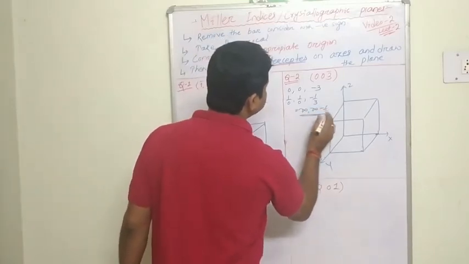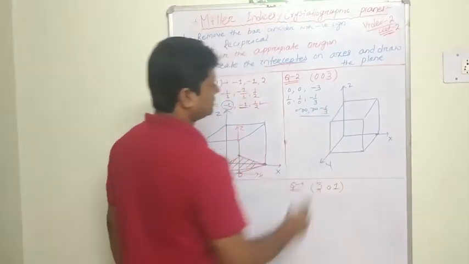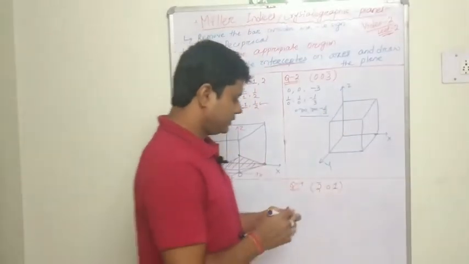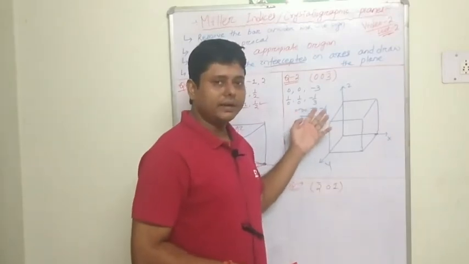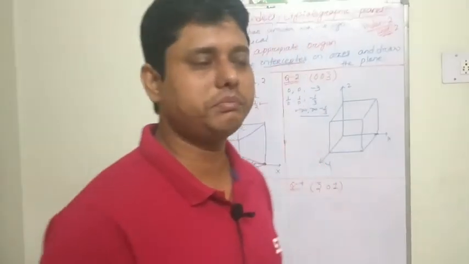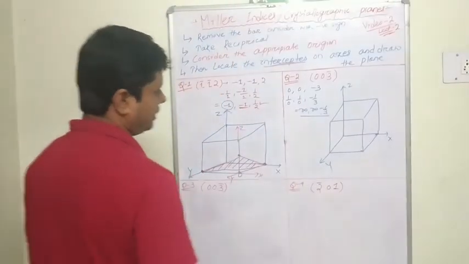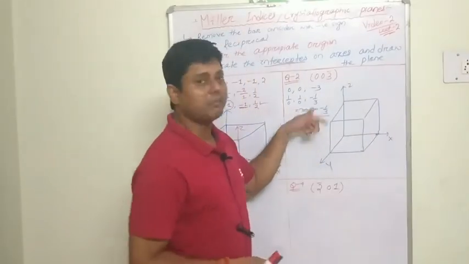So these are nothing but the intercepts of the axis. Here infinite for x and y, that means we can accept that the plane has to be parallel with both x and y axis. However, it has to cut the z axis at minus 1 by 3.